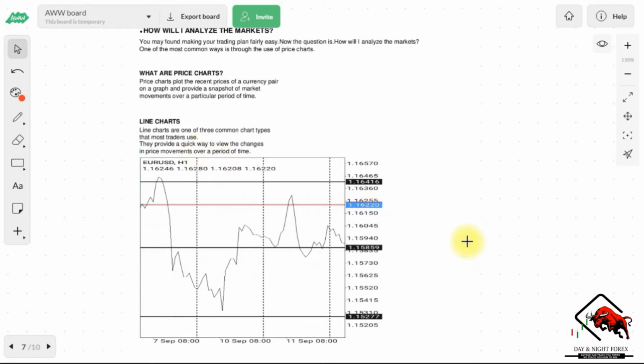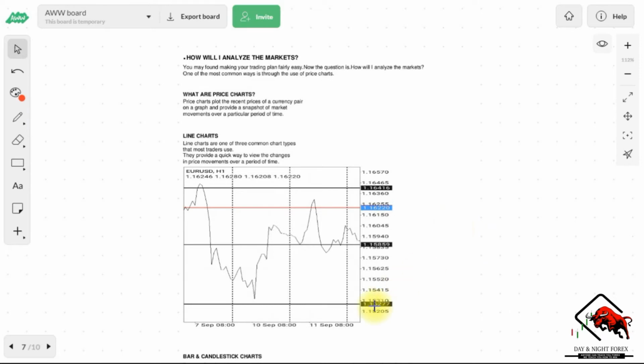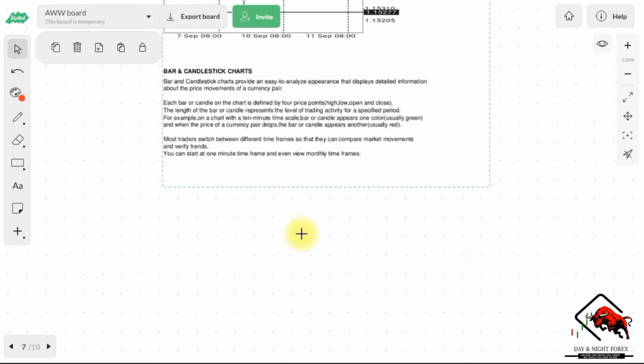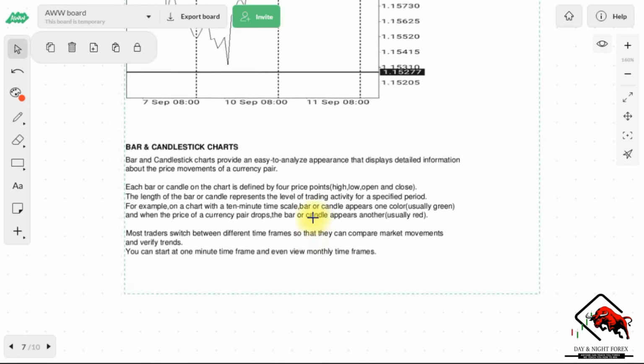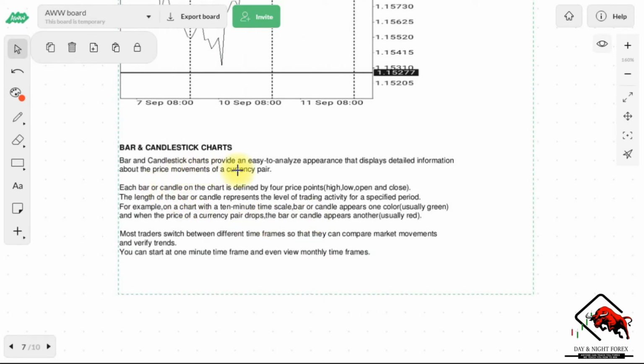And then we have our bars and candlesticks. As I showed you on TradingView just now, bar and candlestick charts provide an easy to analyze appearance that displays detailed information about the price movements of a currency pair.